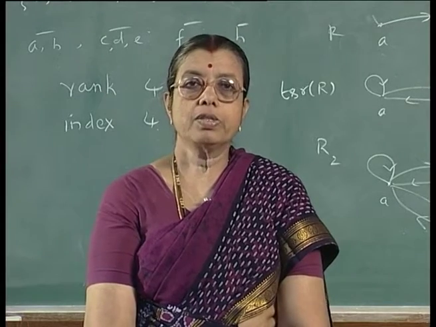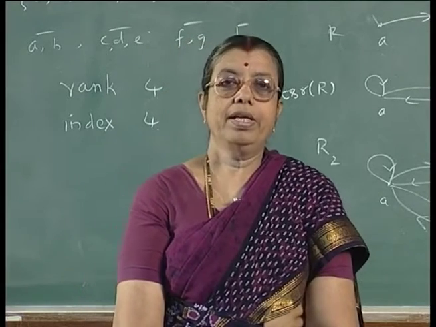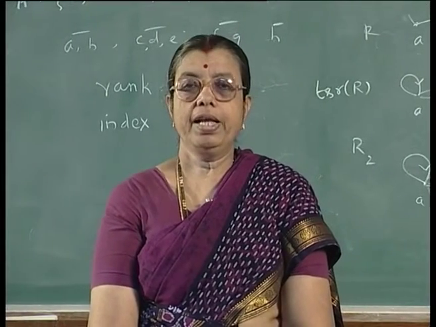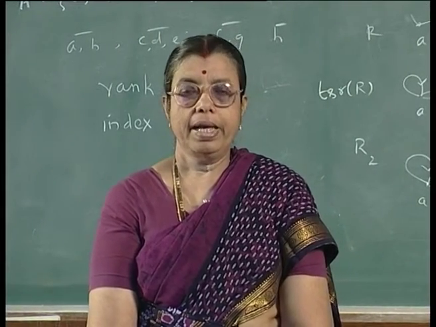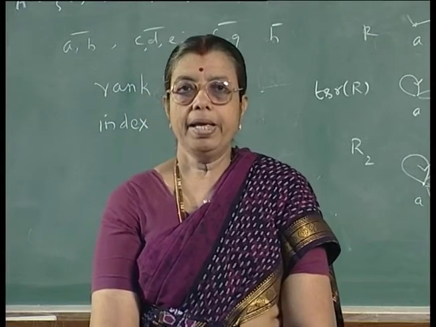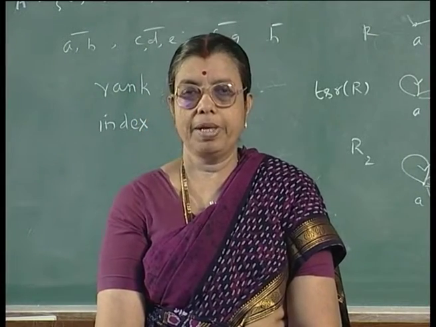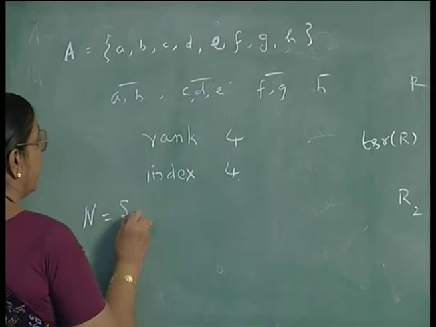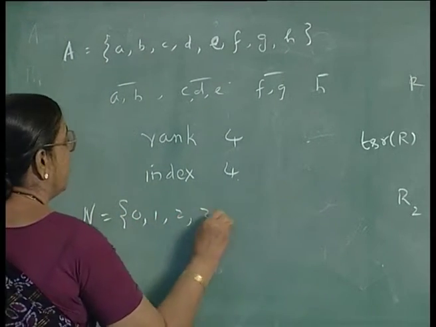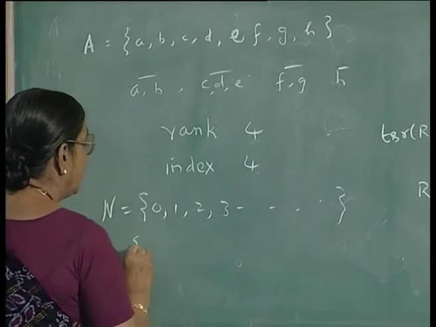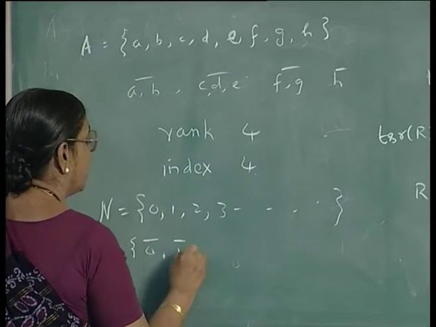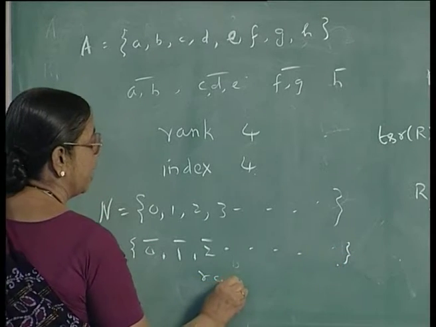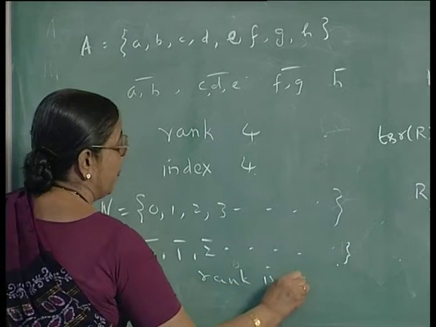But you may also have an infinite number of blocks. You can put every non-negative integer in one block. In that case, the rank will be infinite, the number of blocks will be infinite. So, if you take the set of non-negative integers 0, 1, 2, 3 and so on, each one you can put in one block like that, then the rank is infinite.